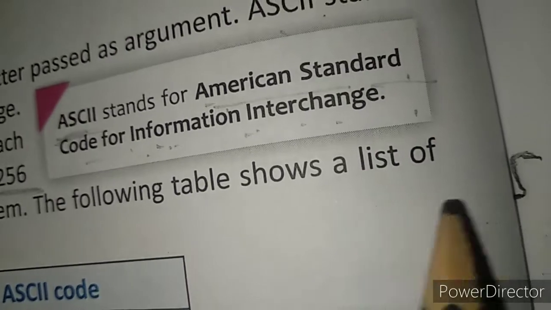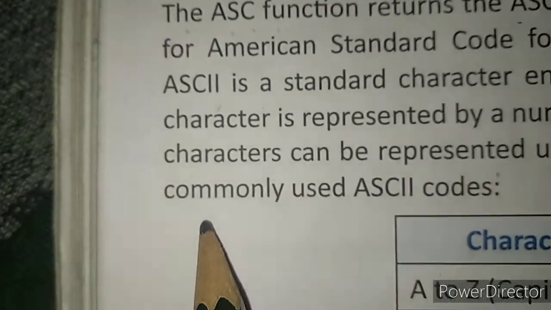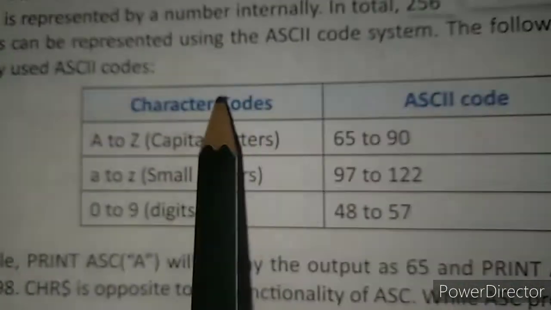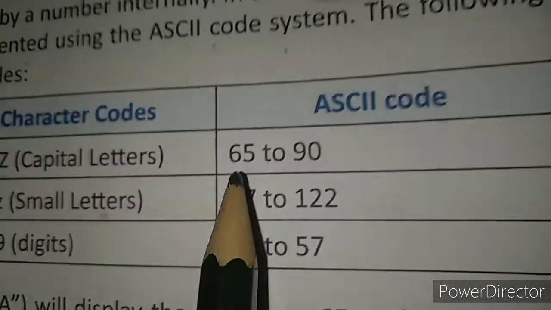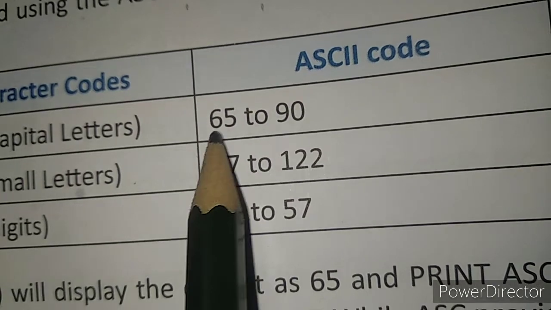The following table shows the list of commonly used ASCII codes. For the capital letters A to Z, the ASCII code ranges from 65 to 90.